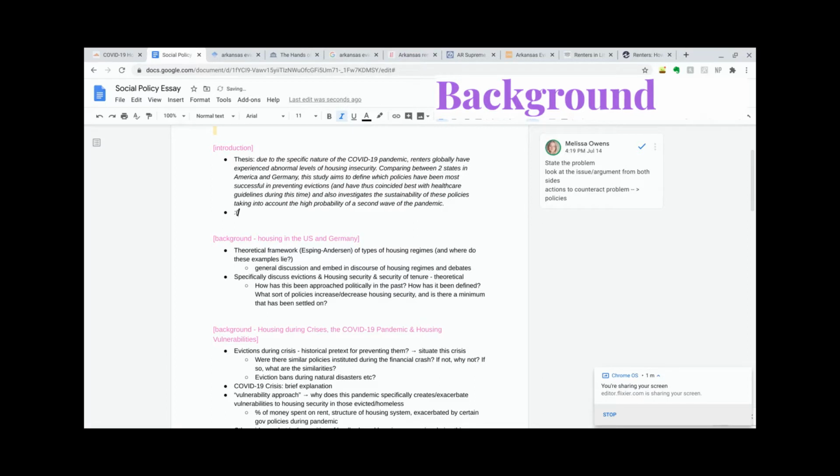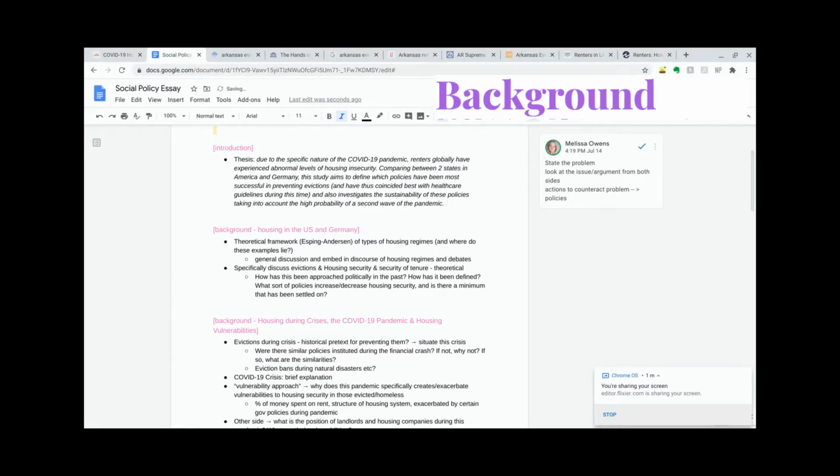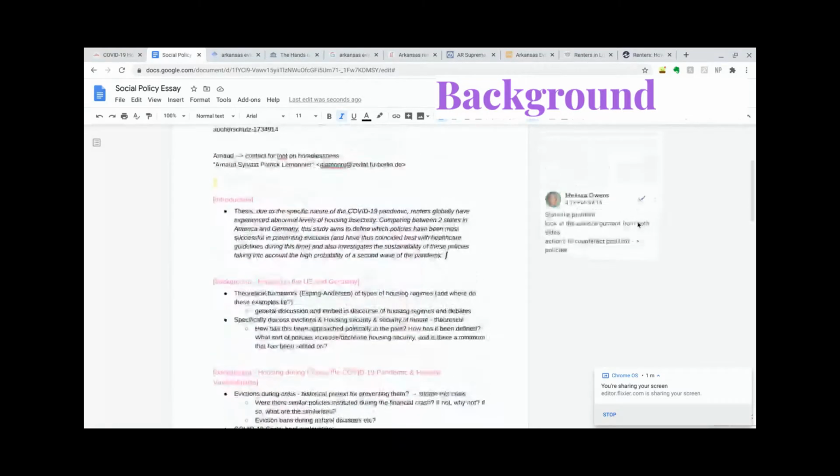What are the sort of frameworks that you're going to use? And this is also where you'll need to define any terms or definitions that you will be using. So for me, that's housing security and security of tenure especially. And so I need to just give a brief analysis of what those are.